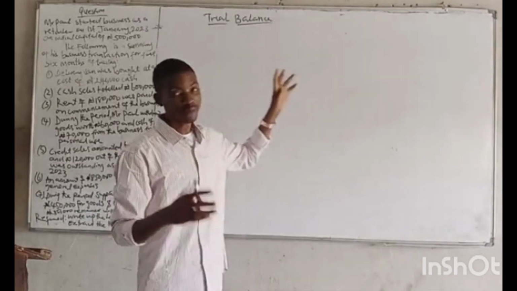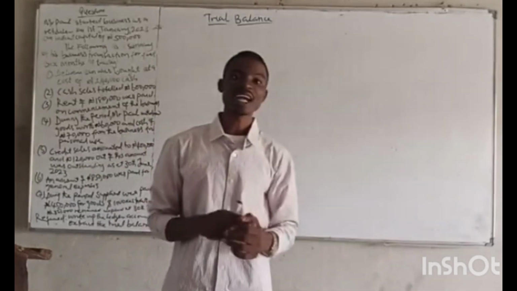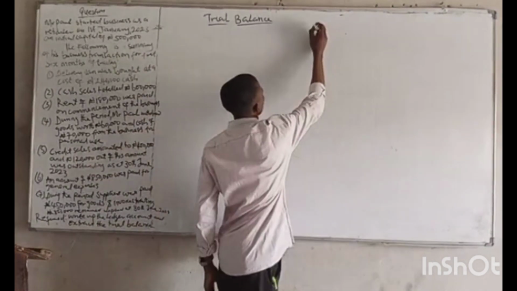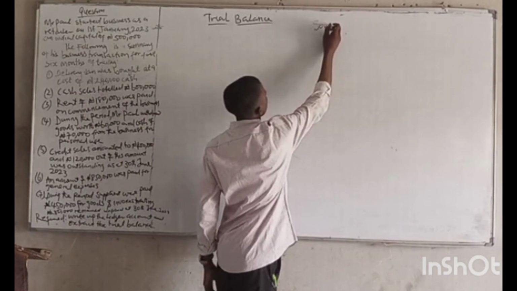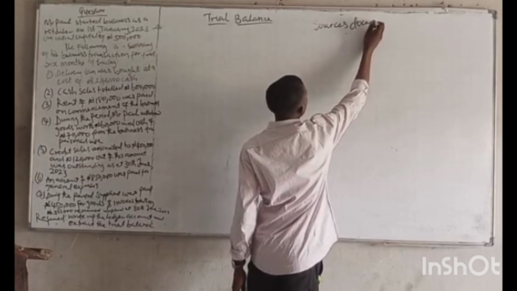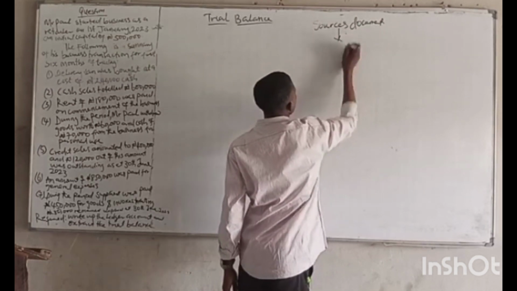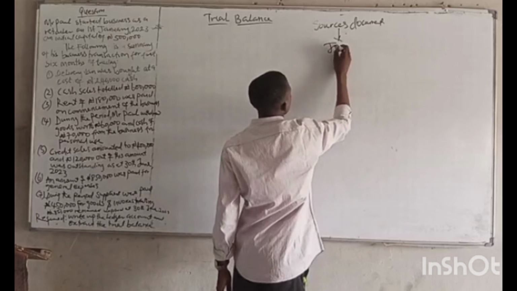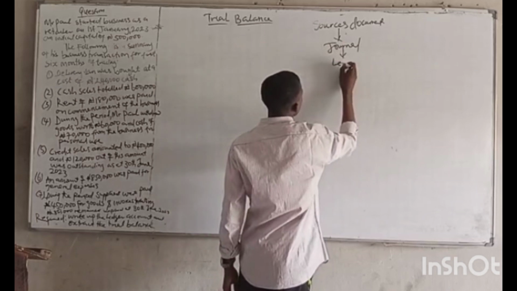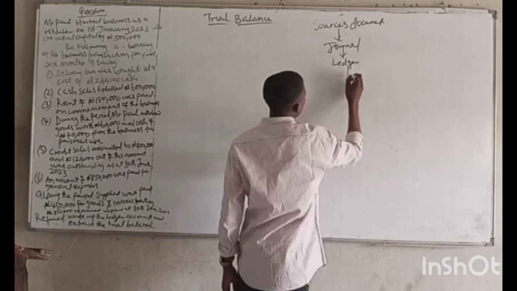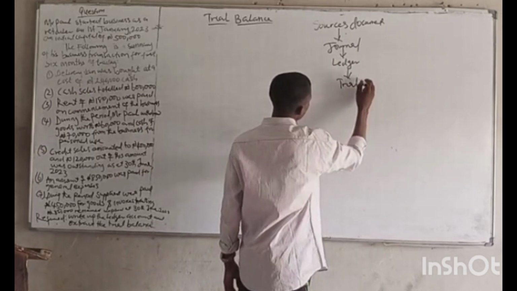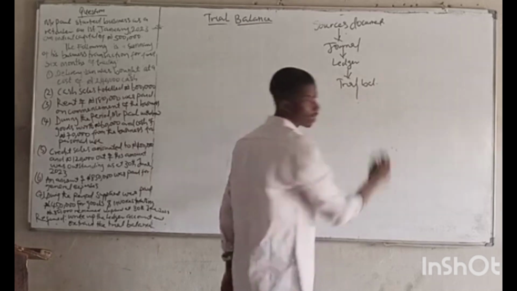And remember, also in one of my previous videos, we talked about accounting processes. We may mention that accounting processes start from source document to journal, and from journal to ledger, and from ledger to trial balance, and finally to financial statements.